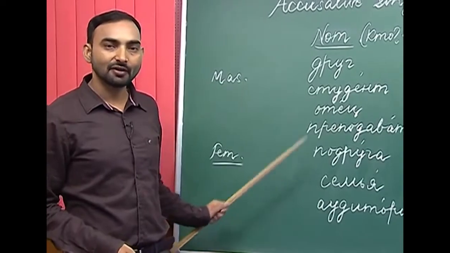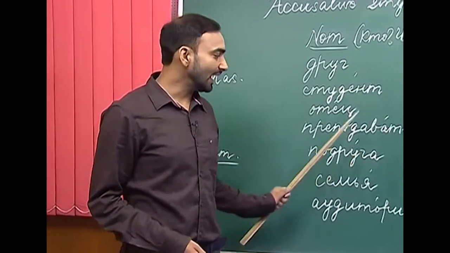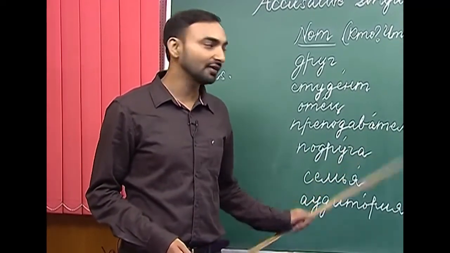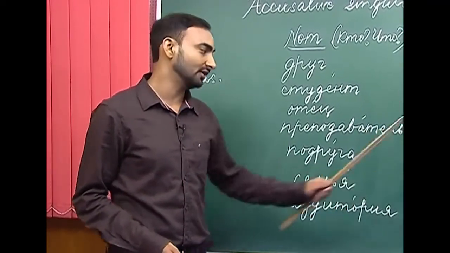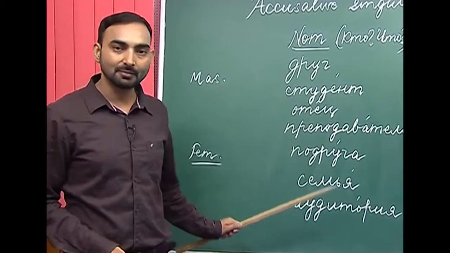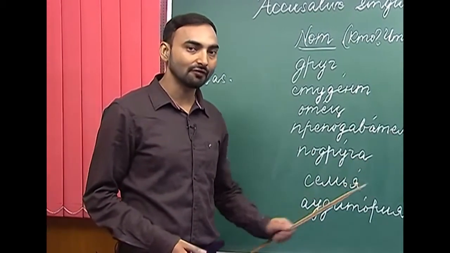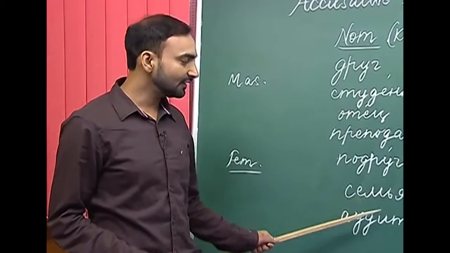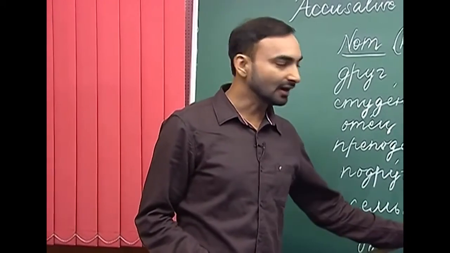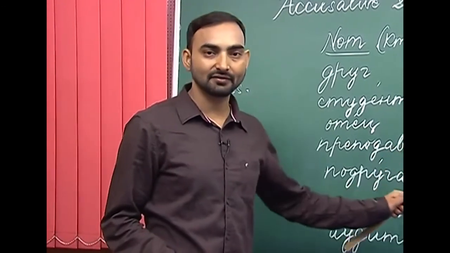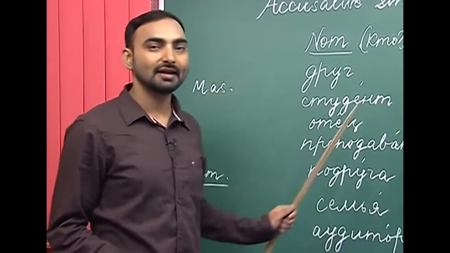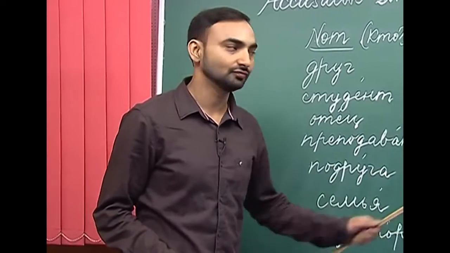Similarly, if a feminine gender noun ends with а, which is a hard vowel, we replace а with у, which is again a hard vowel. And if a feminine gender noun ends with a soft vowel я, then we replace я with ю, again a soft vowel. So, а is replaced with у and я is replaced with ю.